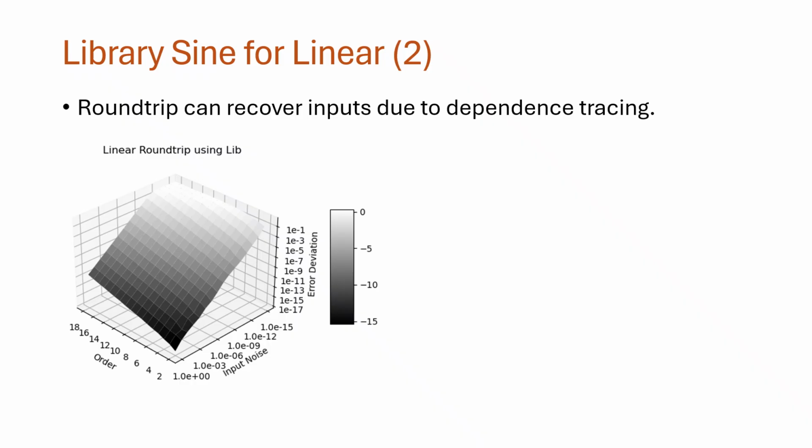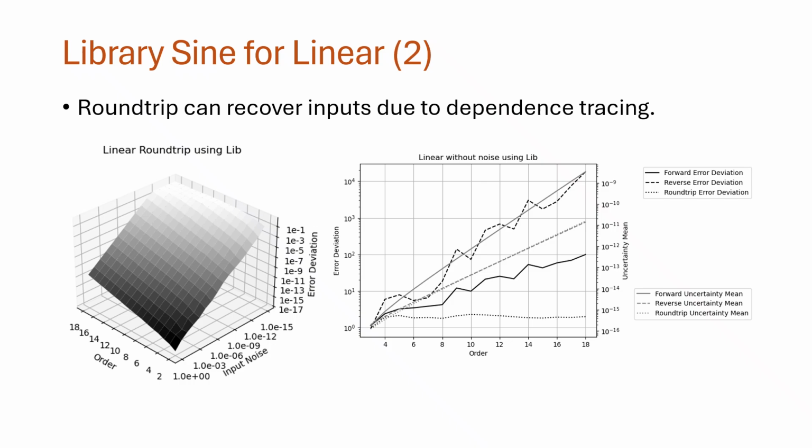This is due to dependency tracing. It is essentially that the errors in the forward and backward have been canceled out. And this is basically a case of showing it without error.